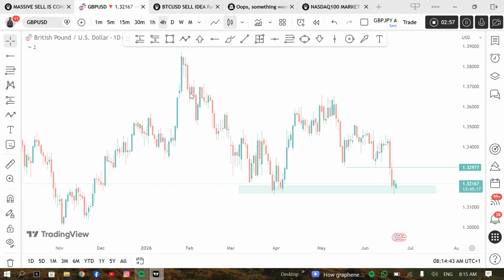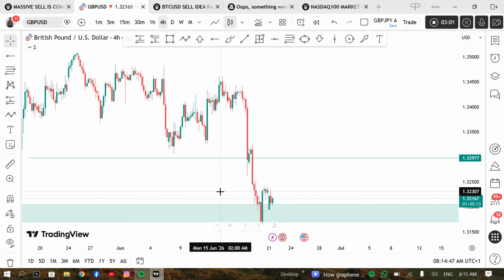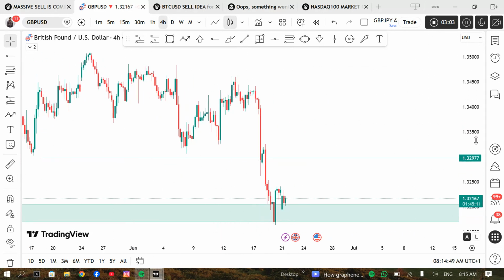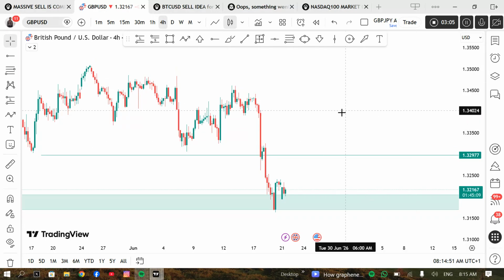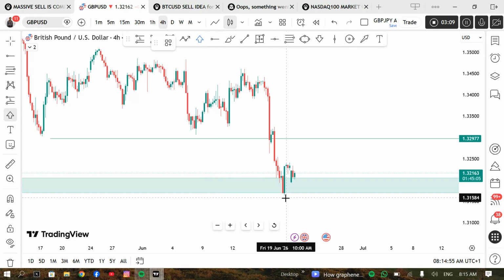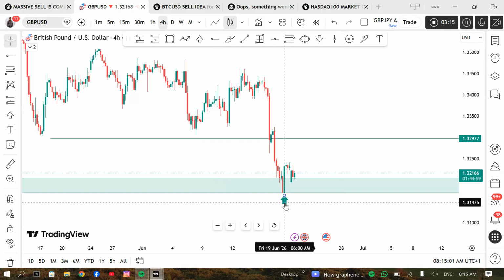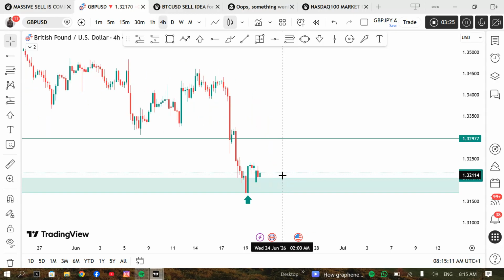So let's now check the intraday time frame, which is H4. Now, here from the H4 time frame, we can clearly notice something significant here. Just before market closed on Friday, we saw how the buyers were able to engulf sellers completely. We can see that bullish engulfing candle here. So the momentum of buyers on Friday was sustainable enough to close above the open price of the last sellers.